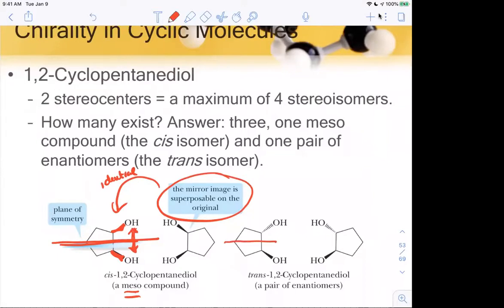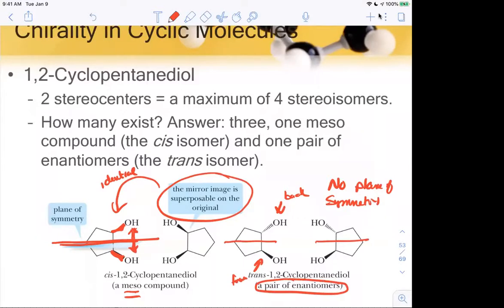Notice this doesn't, because this is back and this is forward. So this set has no plane of symmetry. So this is actually a pair of enantiomers. So to have meso, notice I want to have symmetry. I want to have 2 of the same group that has the potential to reflect internally.